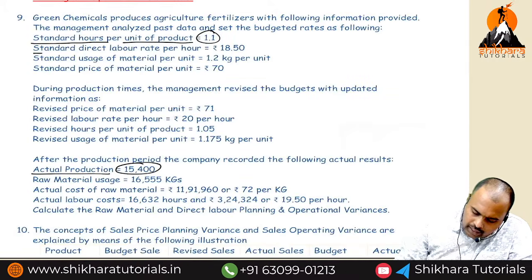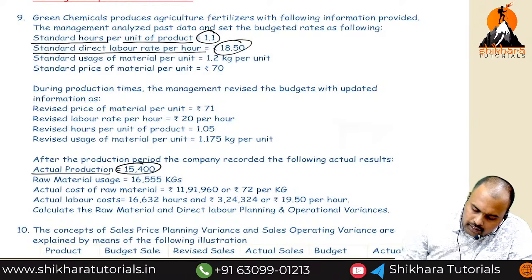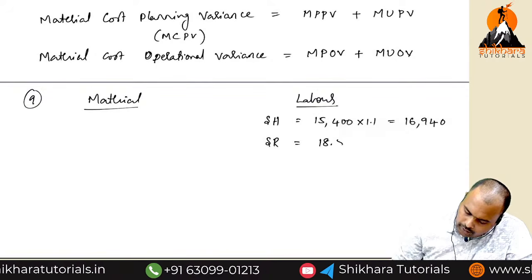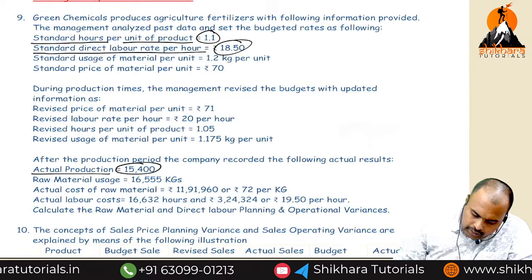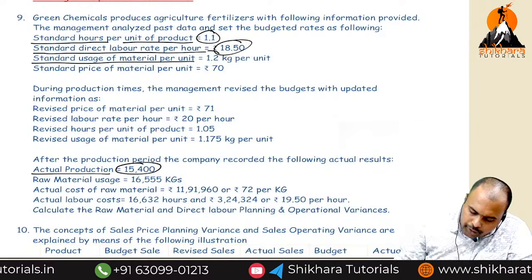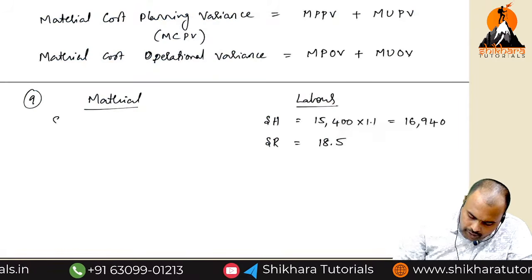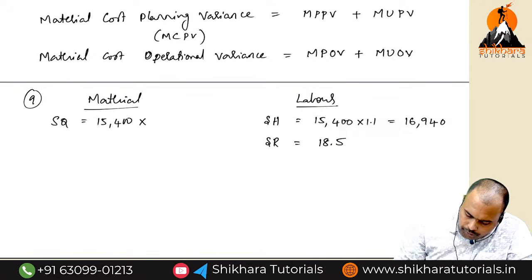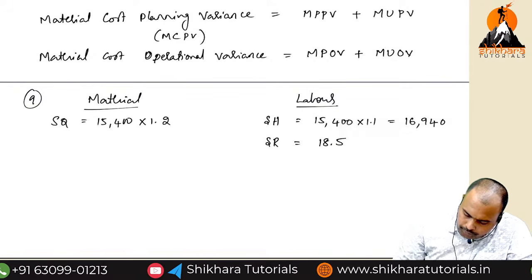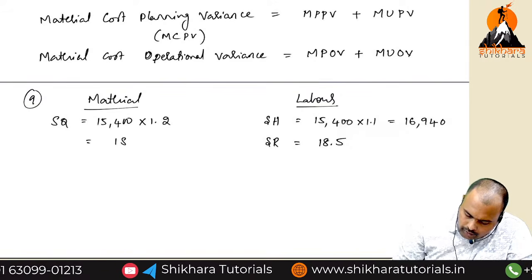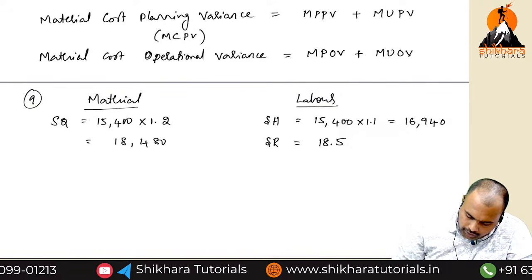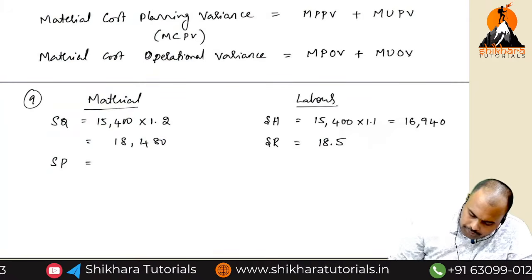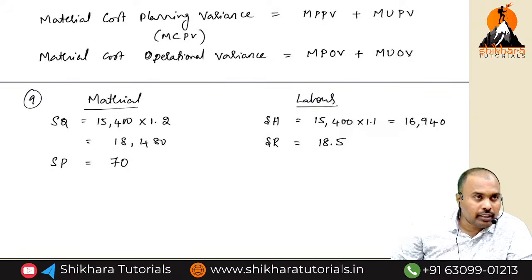Next, standard direct labor rate per hour, which is 18.5. That is nothing but standard rate is equal to 18.5. Next, standard usage of material per unit is 1.2 per unit. So standard quantity has to be 15,400 into 1.2, which is 18,480. Now standard price is equal to 70.